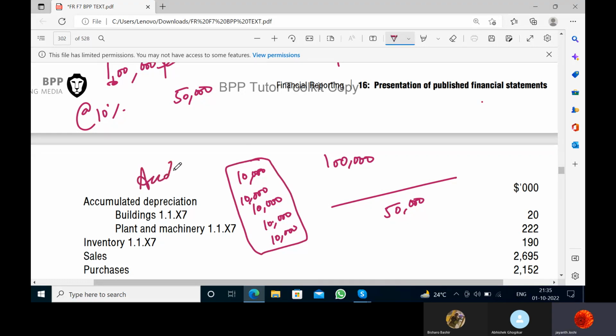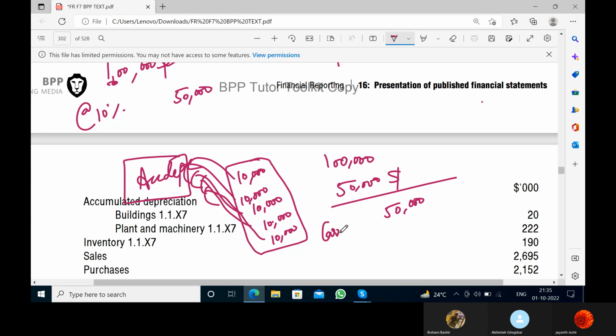First year's depreciation goes in this account, second year's, third year's, fourth year's, fifth year's. Now in 5 years, how much is the amount in the accumulated depreciation account? $50,000. So this got deducted from the asset value, and this is the asset's carrying amount right now.